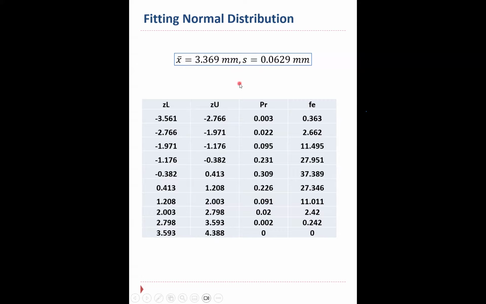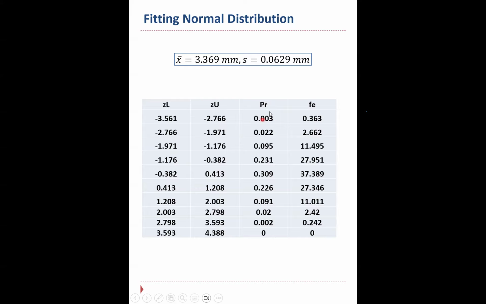So for every x value, we will generate the lower limit in z scale and also the upper limit in the z scale. And we will generate the probabilities by the process I mentioned just before this example.